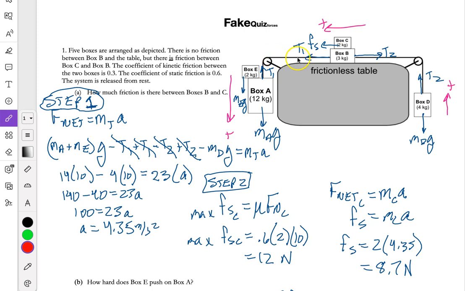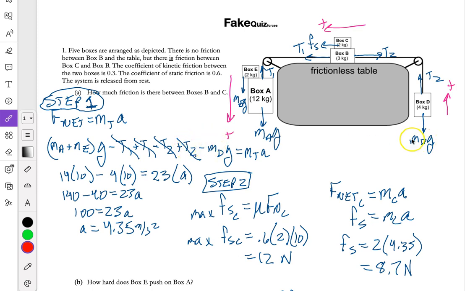And then if I go to box B, you'll notice that T1 is to the left, and that's the direction of motion, or the direction of acceleration, and so I'm going to add that T1. Those two T's disappear because they're equal and opposite. At that point, I have T2 going to the right, which is negative, and then I have T2 up on this box, which I see is positive.